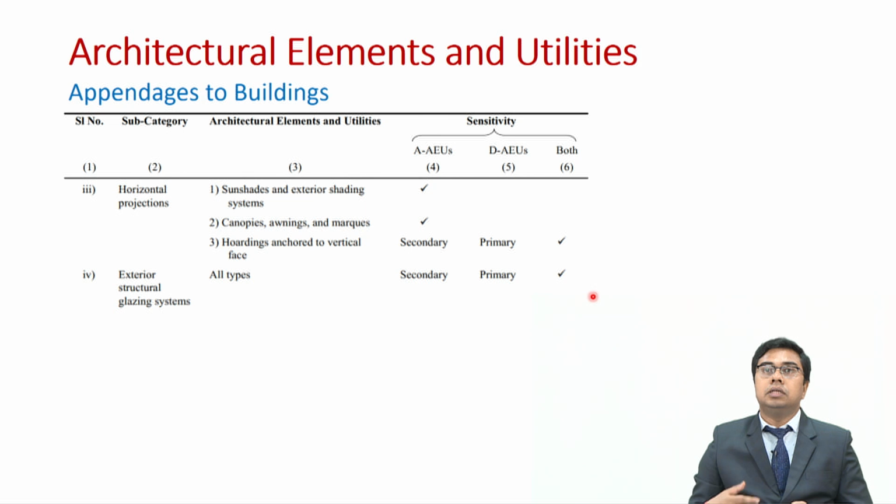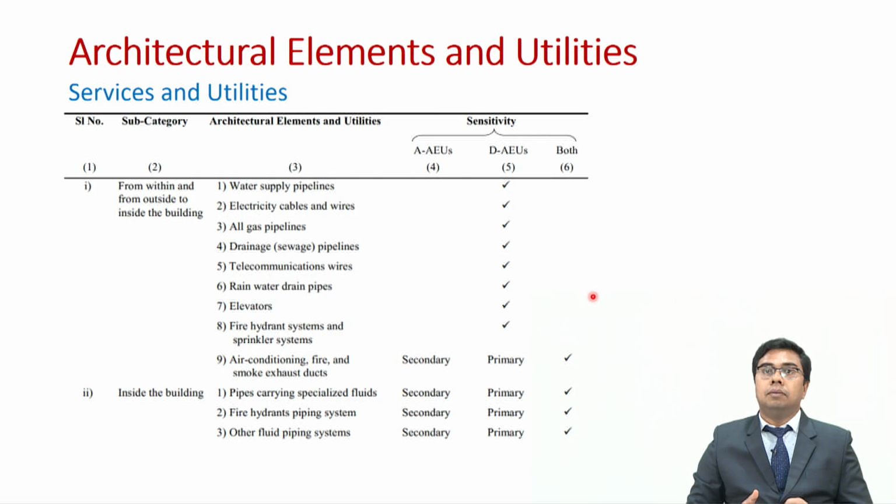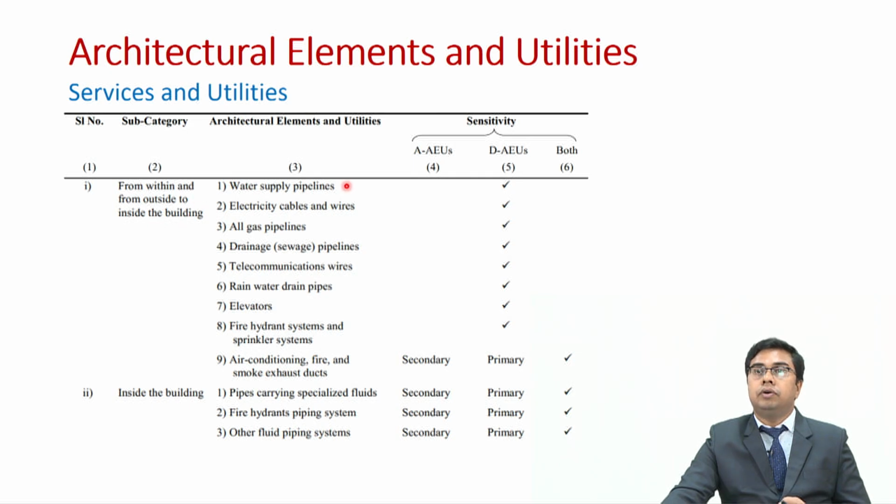Okay. Once we have understood the classification related to appendages of buildings, let us understand about the services and utilities. So, from within and outside to inside of the building, we can have different types of services and utilities such as water supply pipelines, electricity cables and wires, gas pipelines which can include different gas pipelines such as O2, CO2 and other gas pipelines in case of hospitals.